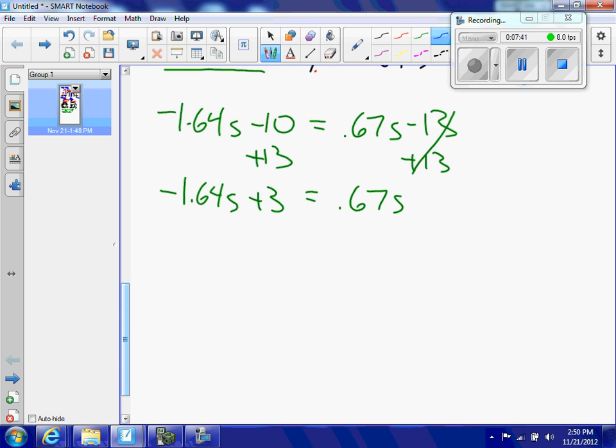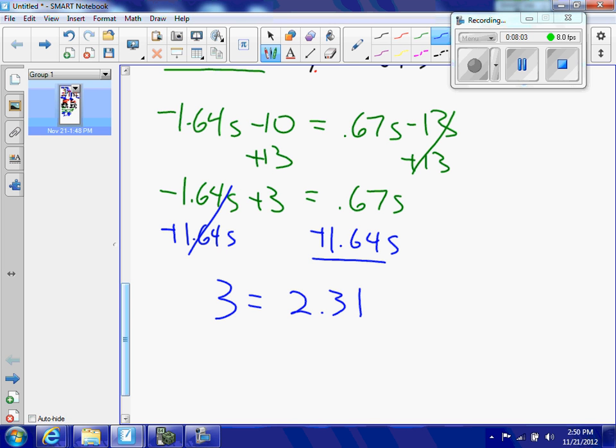Well, I want to isolate s. So I think what I will do is add 1.64s to both sides. And I will be left with 3 on this side. And on this side, I will be left with 2.31s. Let's divide both sides by 2.31.